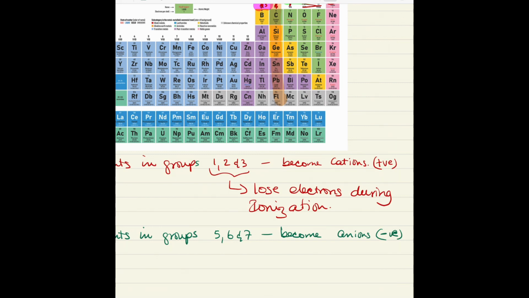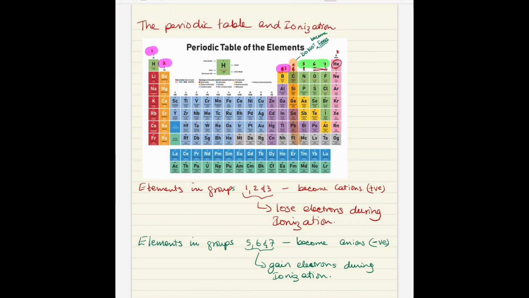They become ions because they are going to gain electrons during ionization. Okay, they're going to be gaining electrons.